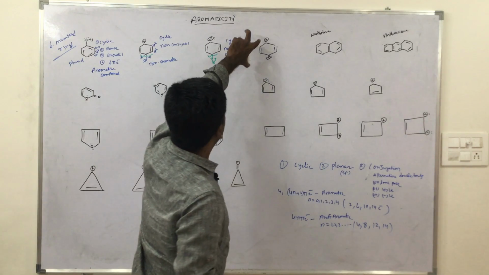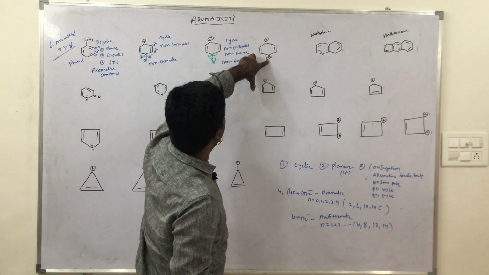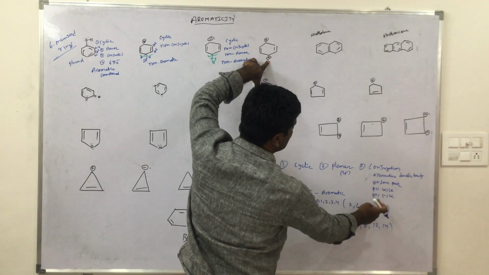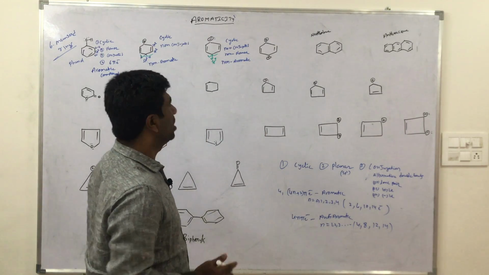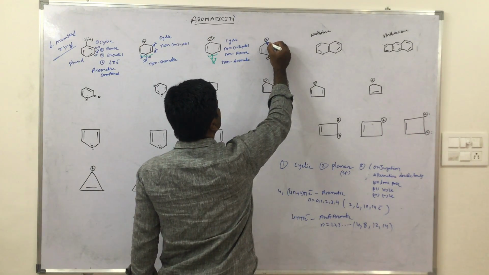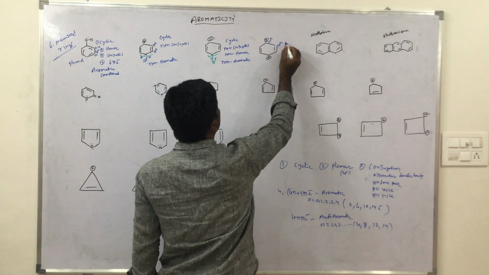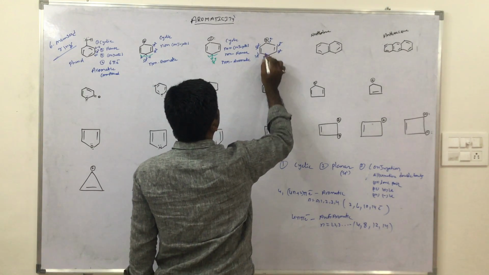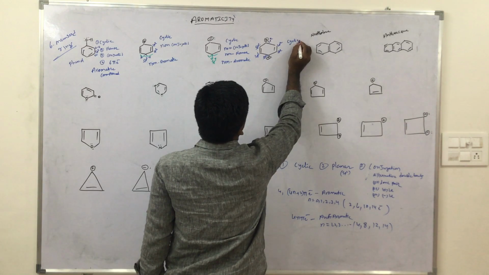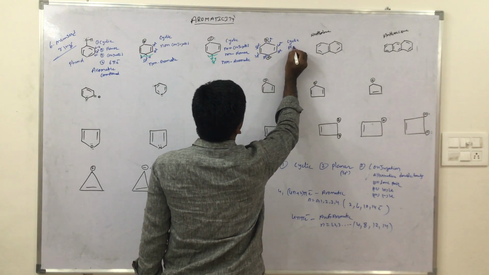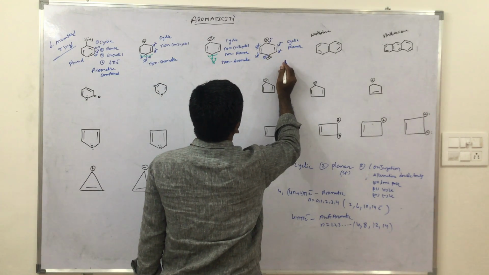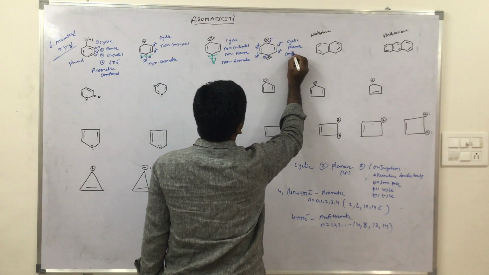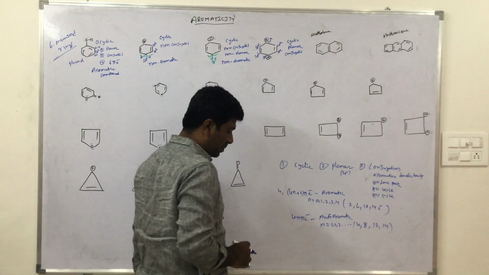Now the next one: here positive charge present, here negative charge present. I already told you that alternating double bonds, lone pair, positive charge and negative charge also participate in conjugation. This is sp2, sp2, sp2, this is also sp2, sp2. So the criteria match: cyclic, planar and conjugated.